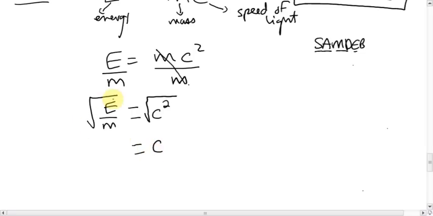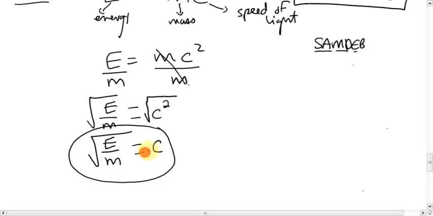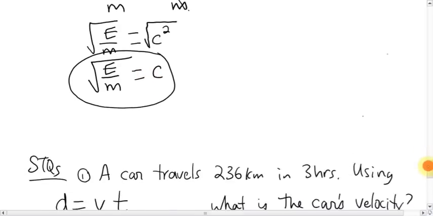This, nothing you can do with that. That's your answer. The speed of light is the square root of energy divided by mass. And that's the formula rearranged. That's some pretty funky stuff, don't you think?